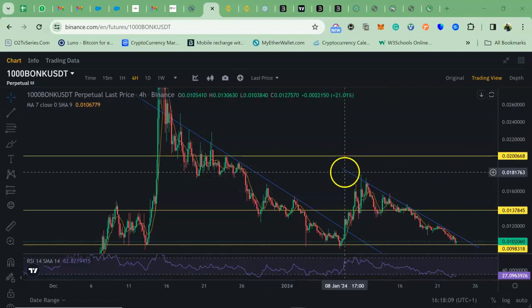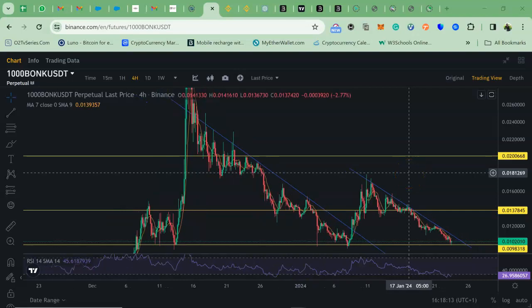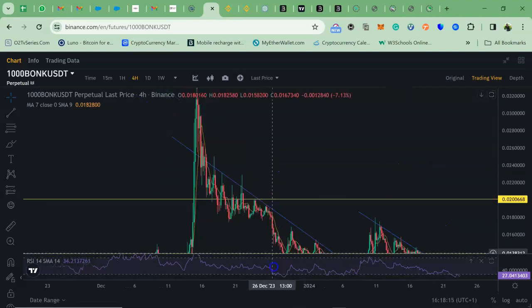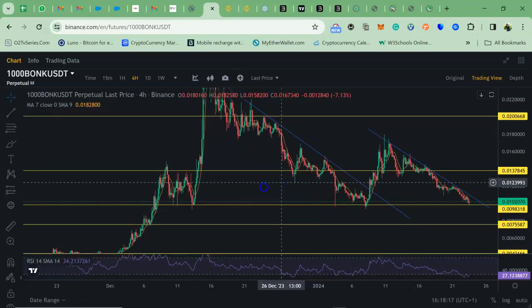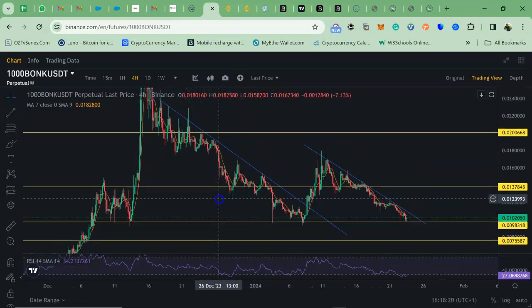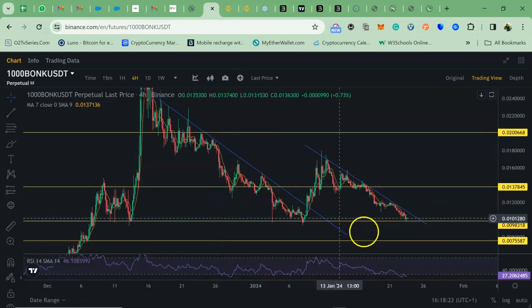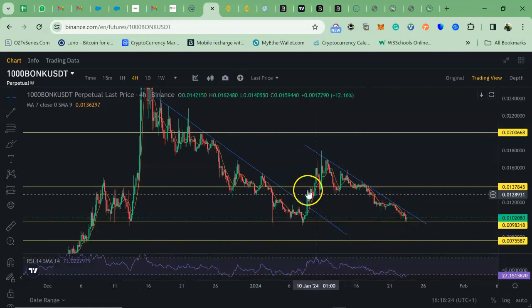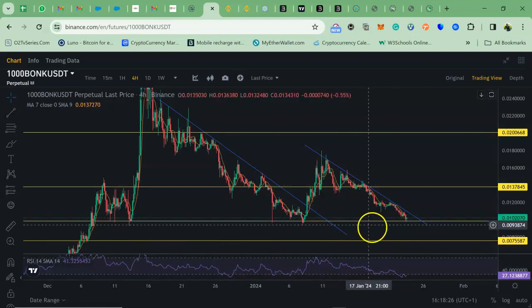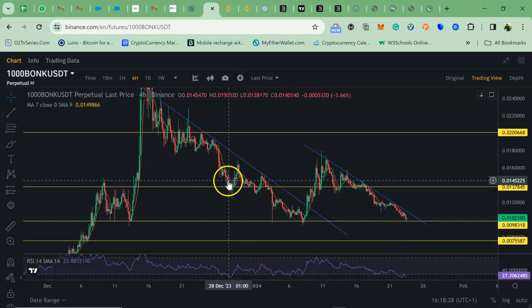But if you look at it closely, you will see that from the period where it went to its all-time high to the current price that we have right now, it has done more than 150% drop.